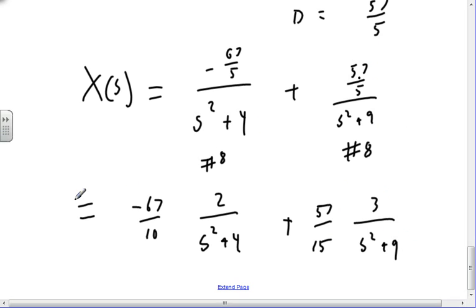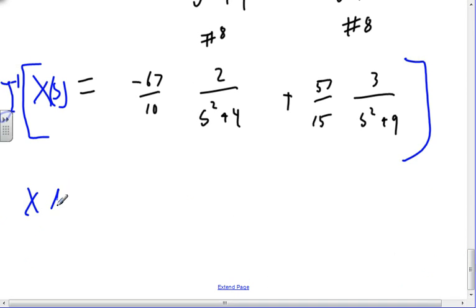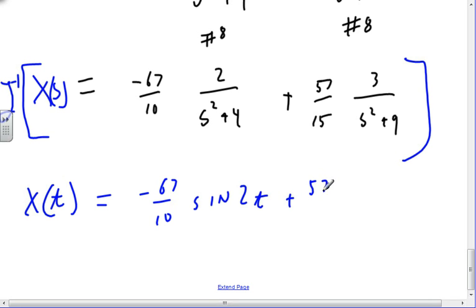At that point, we would take an inverse Laplace transform and say x of t equals minus 67 tenths sine 2t plus 57 fifteenths sine 2t.